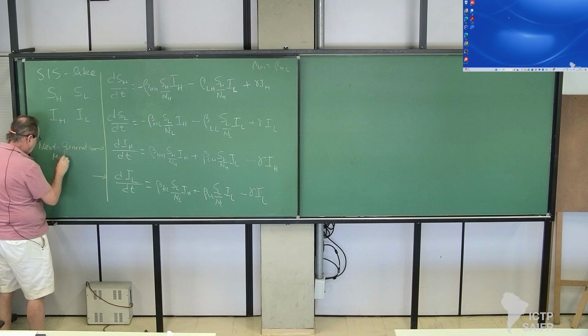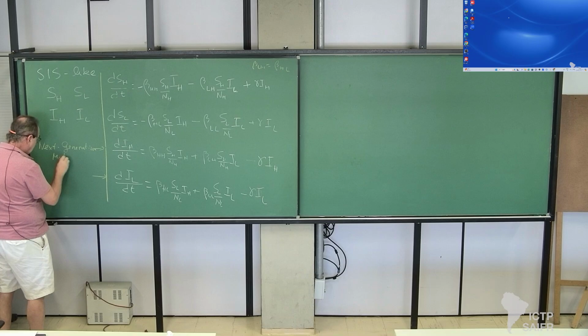And then if beta high minus gamma is bigger than 0, meaning that beta over high over gamma is larger than 1, I would call this R0 index high, and then you would have the epidemic in this situation.